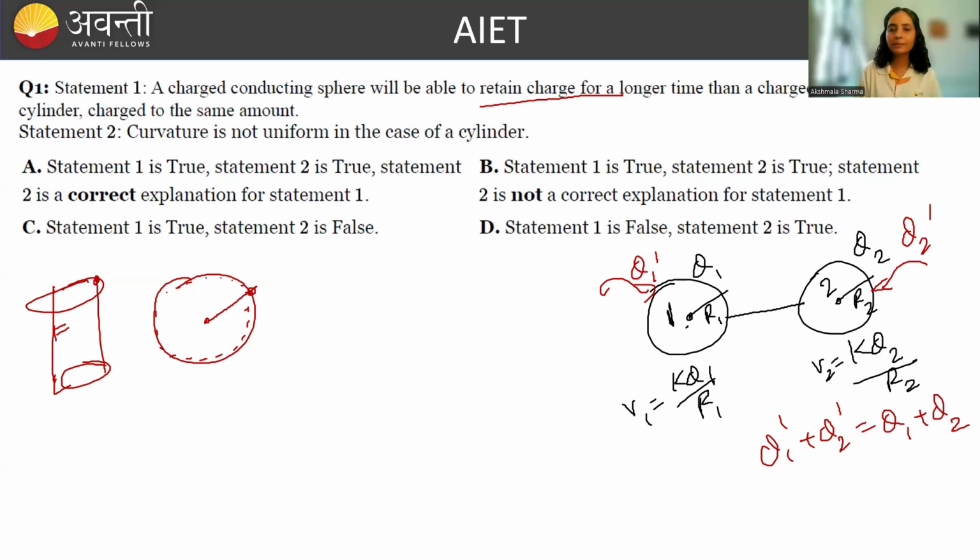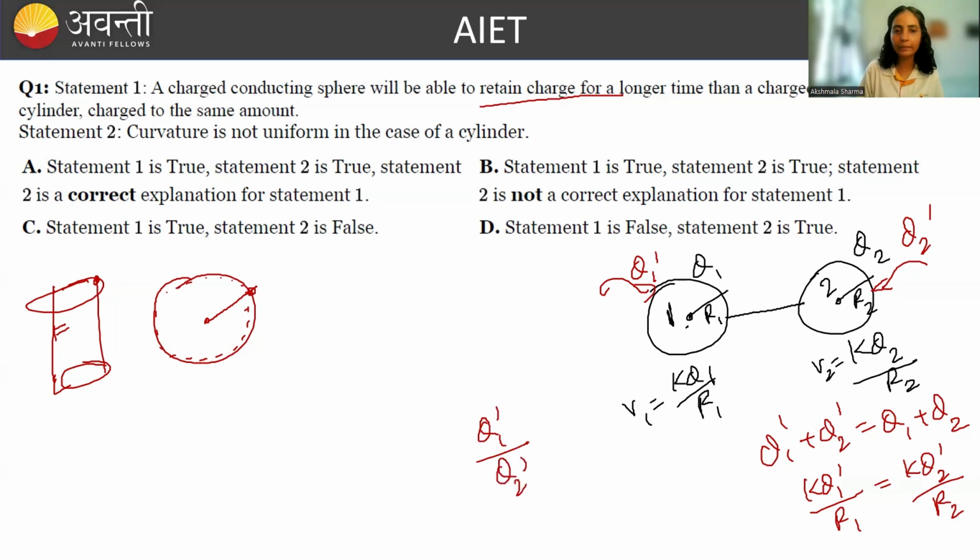Also, kq1 dash by r1 will be equal to kq2 dash by r2. If you solve these two, you will get q1 dash by q2 dash equal to r2 by r1.